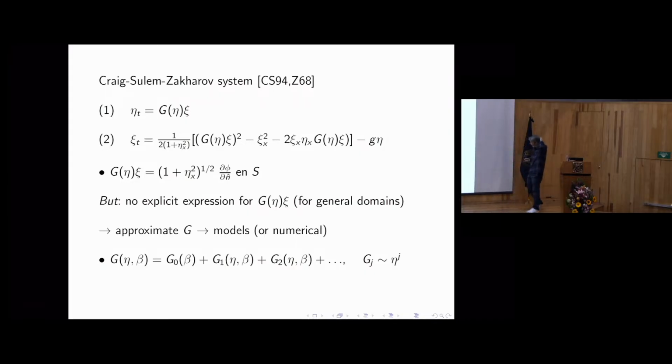So at each time we have to somehow approximate this object, and because we don't have an explicit domain, we have a lot of information, but we don't have a formula.